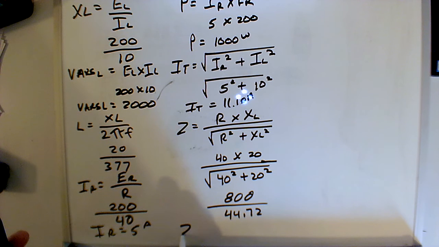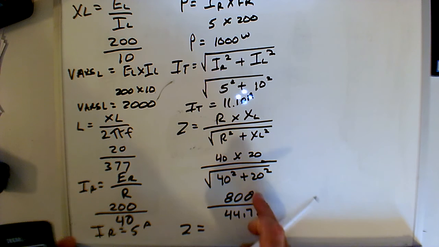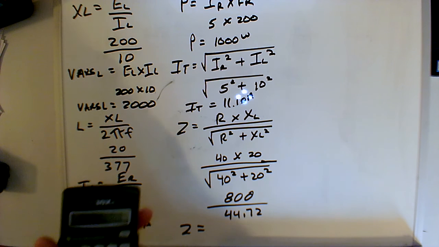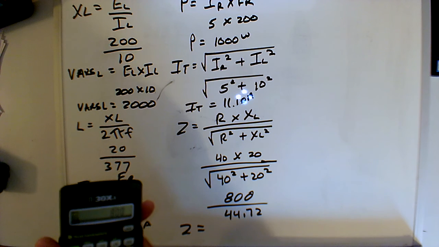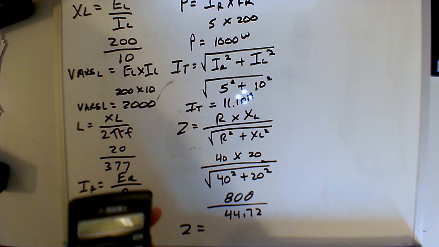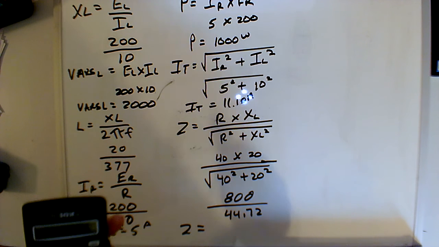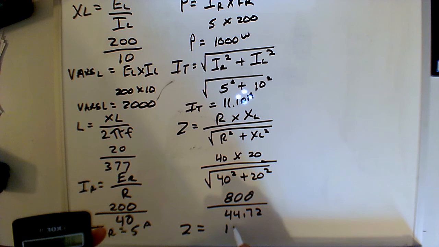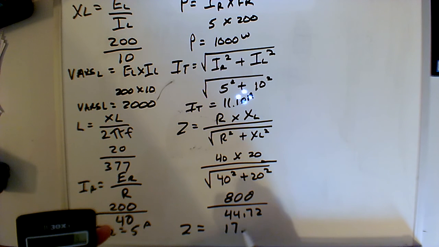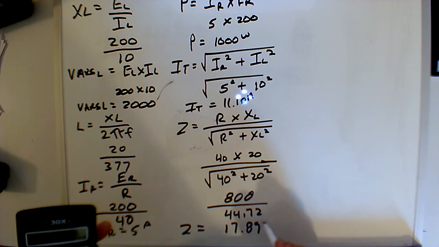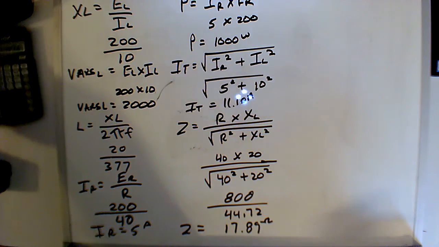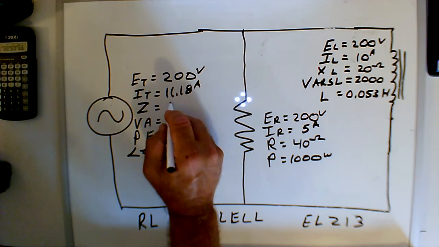So in the end, Z will equal 800 divided by 44.72, which equals 17.89 ohms. So Z is equal to 17.89 ohms.